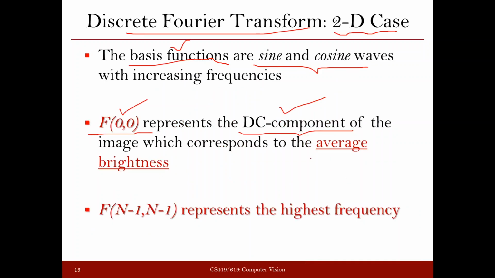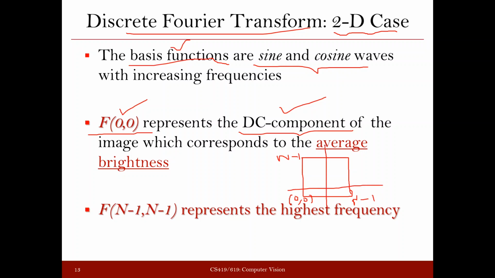If you plot, for any given Fourier transform, the frequencies, you will see that for u equal to 0, v equal to 0, you will find a frequency here. And similarly, this will be n minus 1, and this will be n minus 1. So when you move from this side to this side, frequency increases.